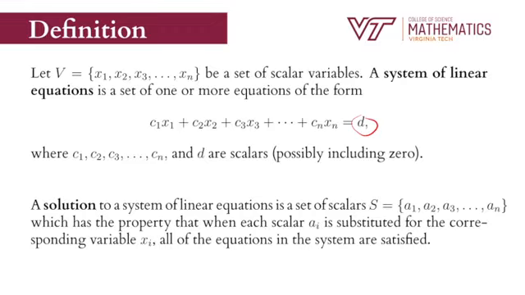And a solution to a system of equations is just a set of values such that if we plug in a1 where x1 goes, and then we plug in a2 where x2 goes, and then we plug in a3 where x3 goes, and so on and so forth, then the equation is correct, that both sides are equal. All right?